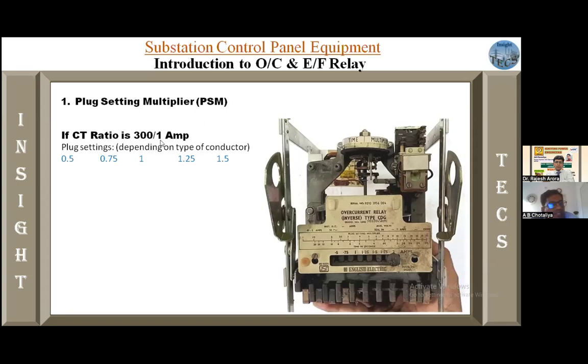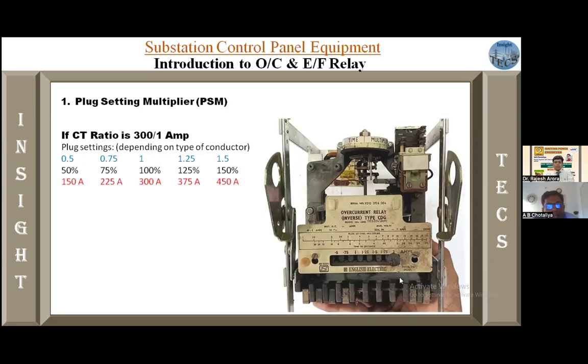If the CT ratio is 300, and if you want to pass the current of 300 from the system, then you need to set 1 as the plug setting. Okay, and if you want more, then 1.25, and if you want less, then 0.5 or 0.75.